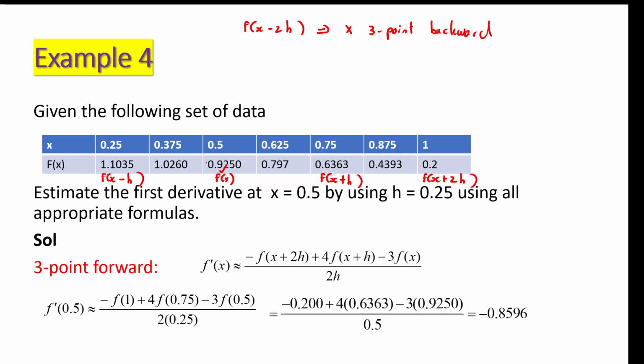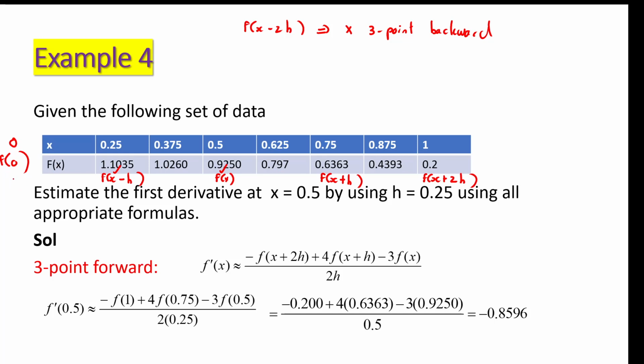You need one more point: from 0.25 minus 0.25, we need the point x is 0, meaning you need f(0), but we don't have f(0). The 5-point formula cannot be used either, because f(x-2h) is left out; we have only 1, 2, 3, 4 values, not enough.